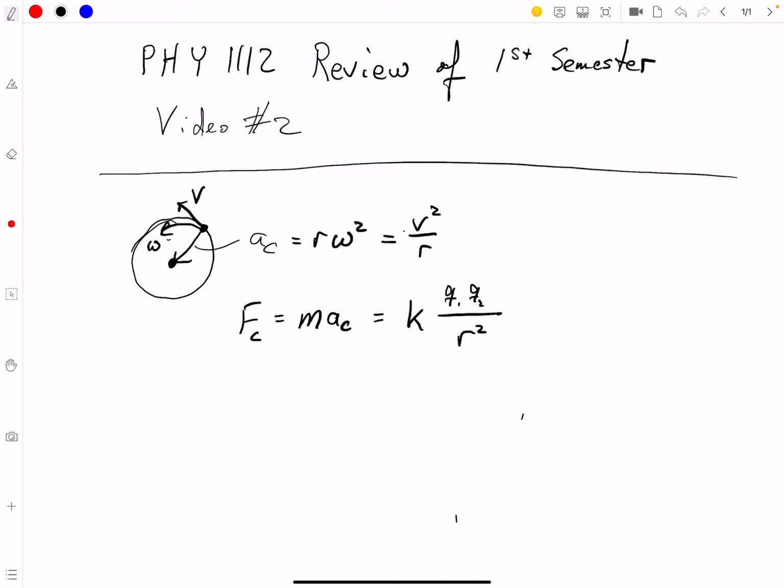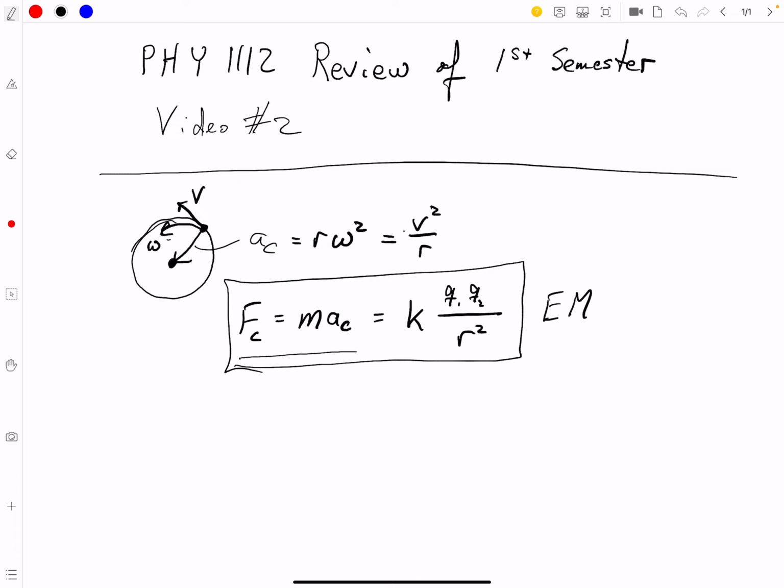So we can do some stuff with this equation now, since we have our E&M, electromagnetic force, Coulomb's law. We've got that under our belt, at least this beginning part, and then we're going to be adding in Coulomb's law later.